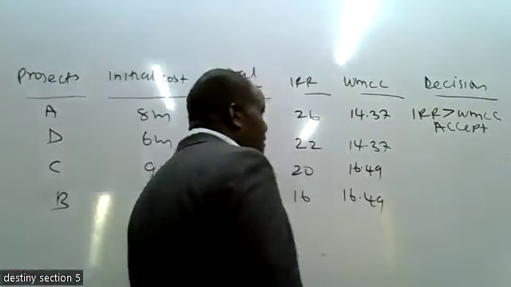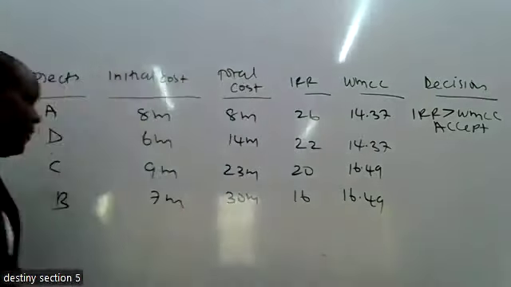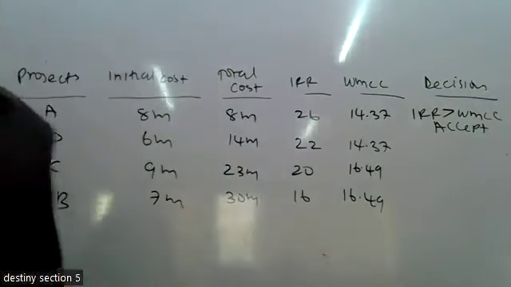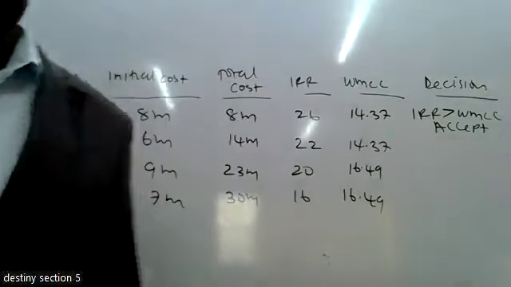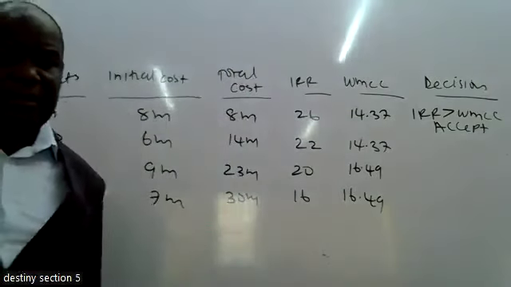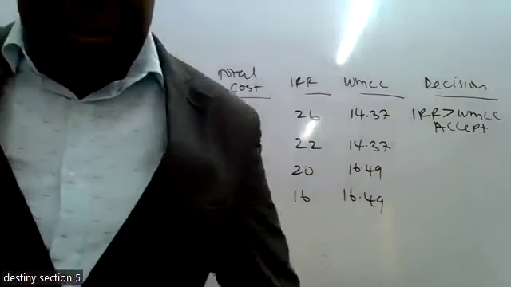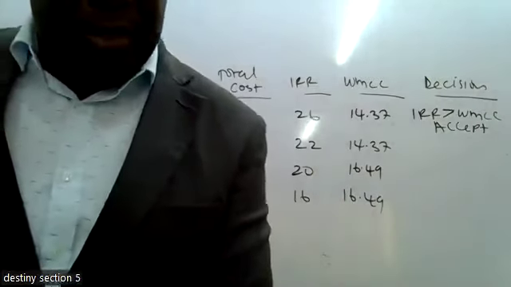So that one you reject. Project B is rejected because IRR is less than WMCC. So that is our part C, Roman letter 1.